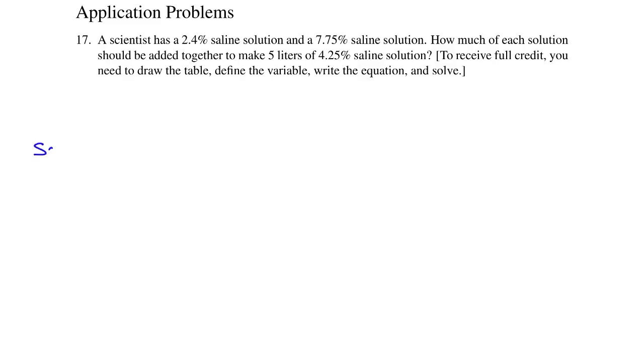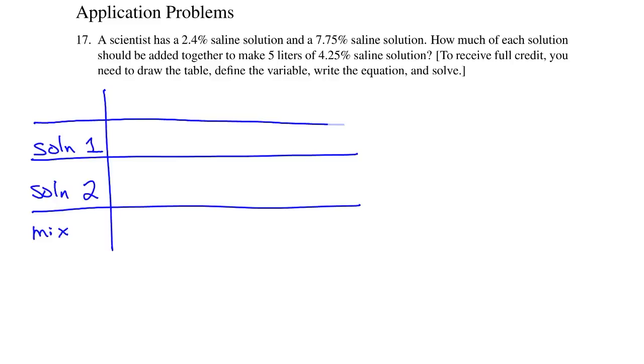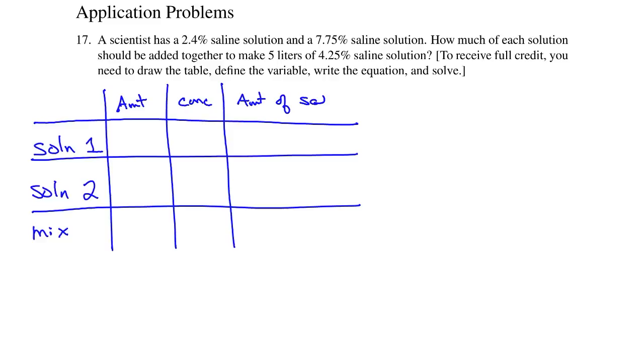So we're going to have solution 1, solution 2, and the mixture. And we're going to use the amount, the concentration percentage, and then it's a saline solution, so that would be the amount of the salt.